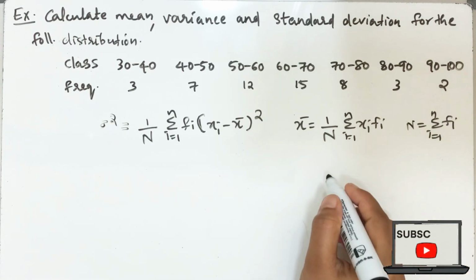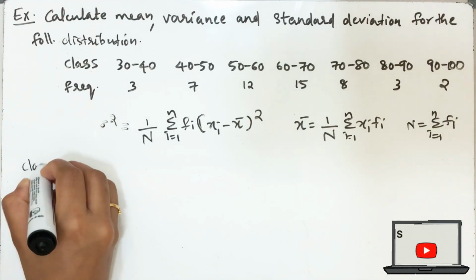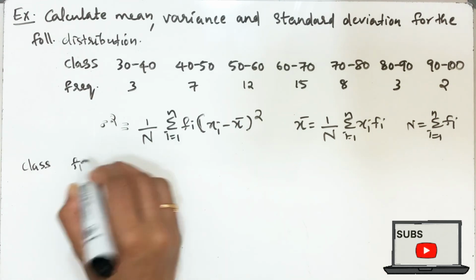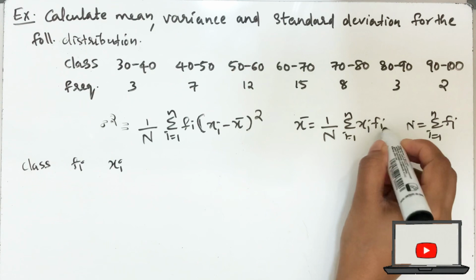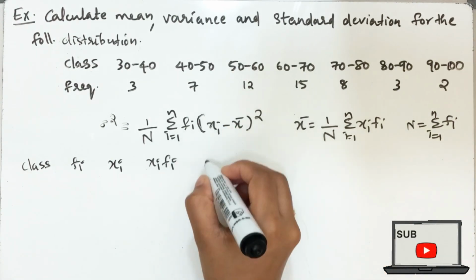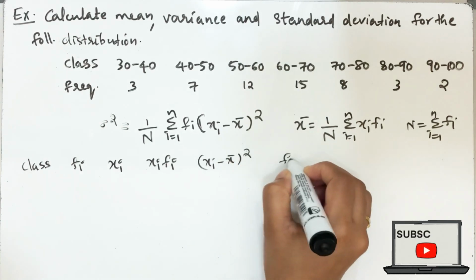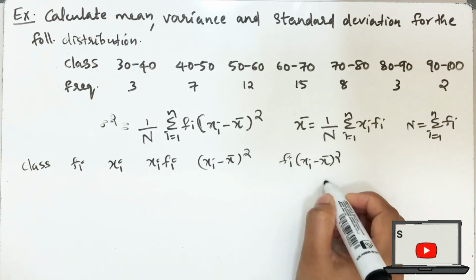So first we can make the table. We can write the given class, frequency fi, and the midpoint of this class xi. Then we can write xi into fi to find mean. After getting mean, (xi minus x bar) square, then fi into (xi minus x bar) square. This all data we need.